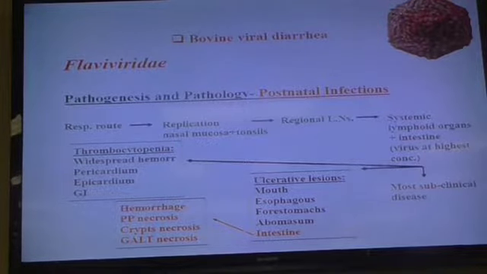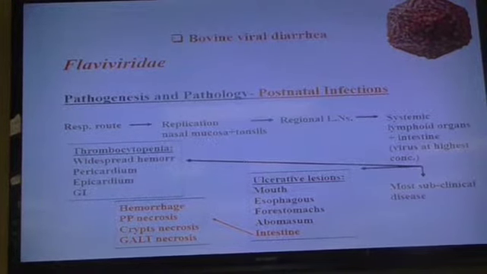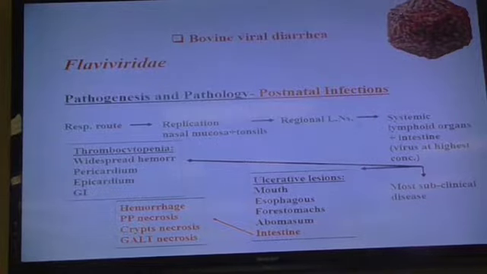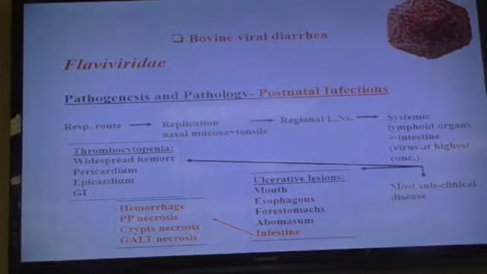So the virus enters by the respiratory route, replicates in the nasal mucosa and tonsils, and arrives at the regional lymph node. From there it becomes systemic. It reaches the intestine and infects the intestinal cells. Most of the cases are subclinical.